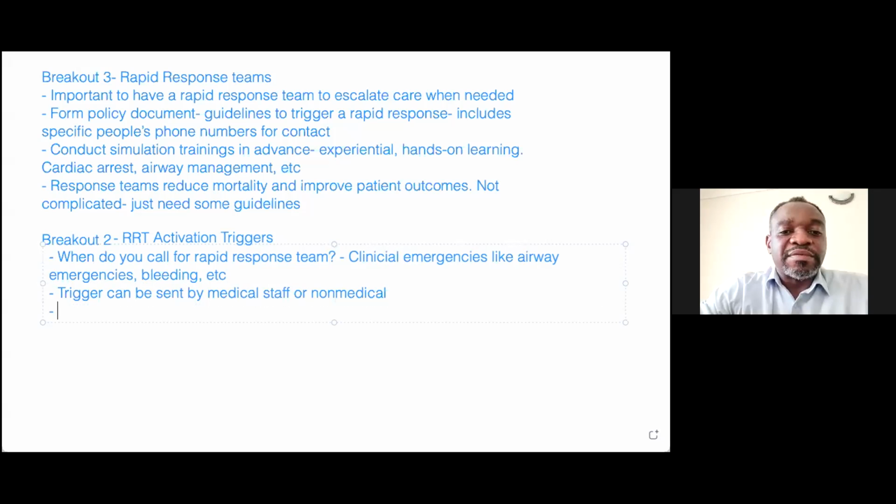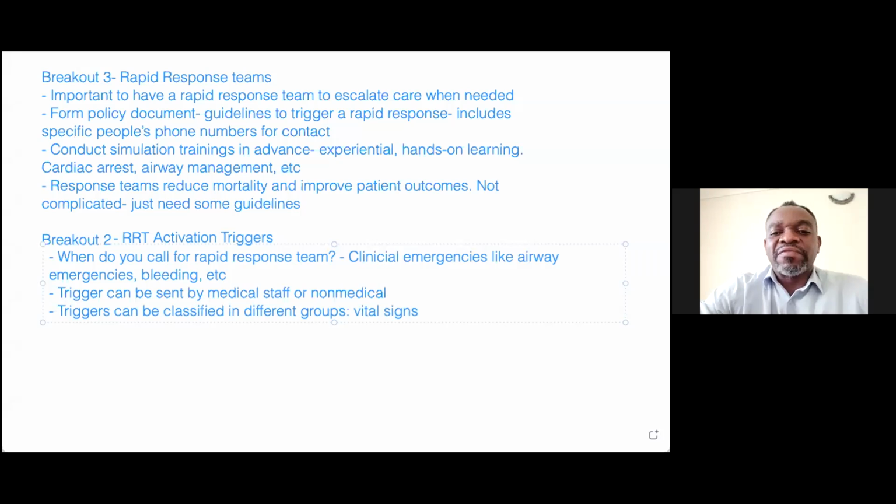You can put them as hospital protocols, whereby you say, in our institution, when you look at the vital signs, if they go below or above these figures, a rapid response team can be triggered so that the right team can come and evaluate the patient, to decide either to escalate the care to another environment, or to give advice on how to take care of the patient there.